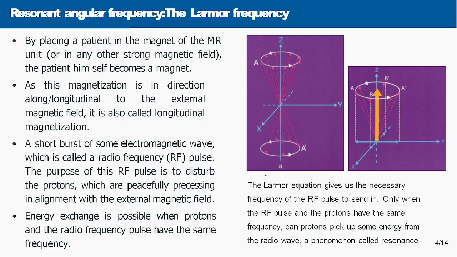Now, resonant frequency or Larmor frequency, what does it mean? We have seen precession frequency. It means that when we place the body or patient in the magnet, the protons inside the body move with a particular precession frequency depending upon the external magnetic field.